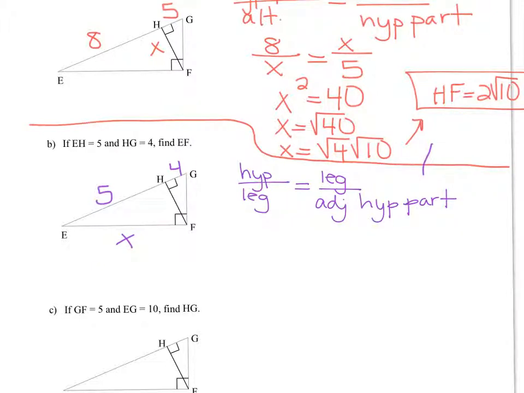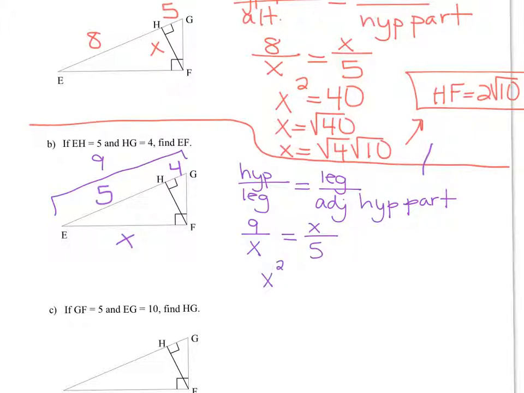Well, full hypotenuse is made up of the 5 and the 4, therefore it's 9 over our leg of x equals x over, now in this case, you're looking for the part of the hypotenuse that is closest to x, that it's touching. So, since we're looking for EF, EH is the part of the hypotenuse that's touching it, therefore I'll put my 5.